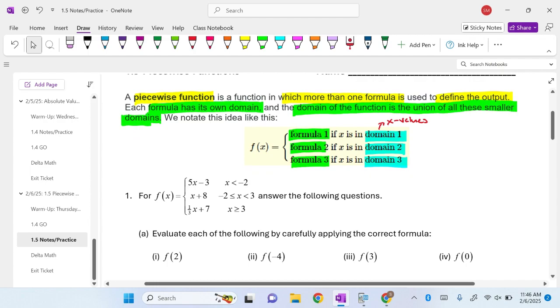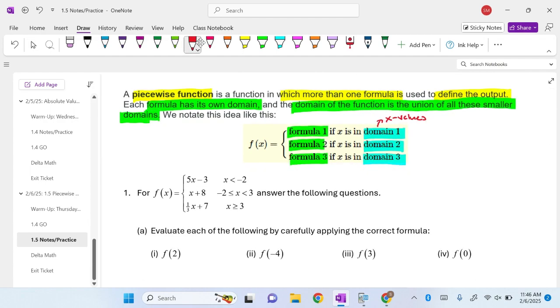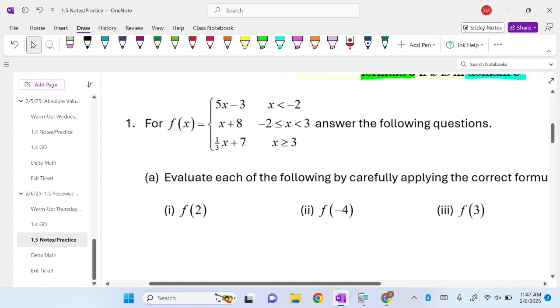To be honest, the little graphic up here is kind of hard to talk about, so we're just going to jump right into an example, because piecewise functions make more sense when you actually look at an example. For f of x, we have this piecewise function, and we're going to use it to evaluate.